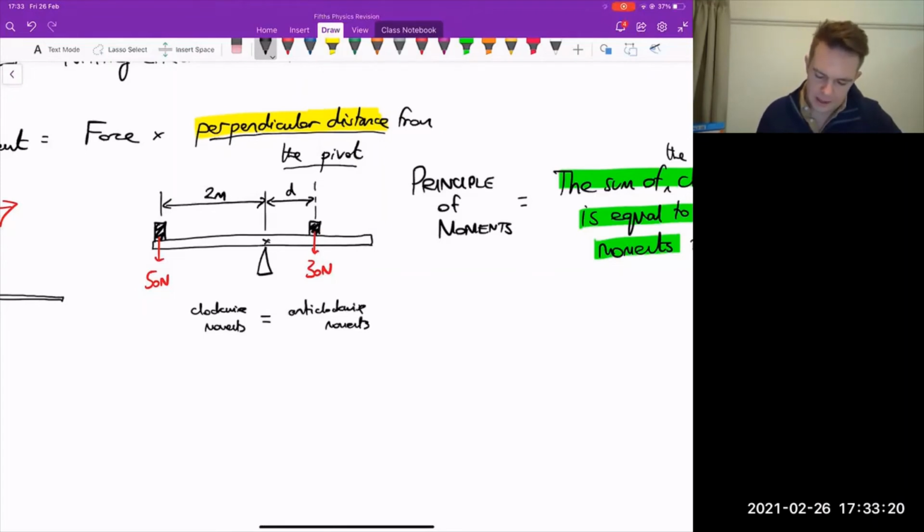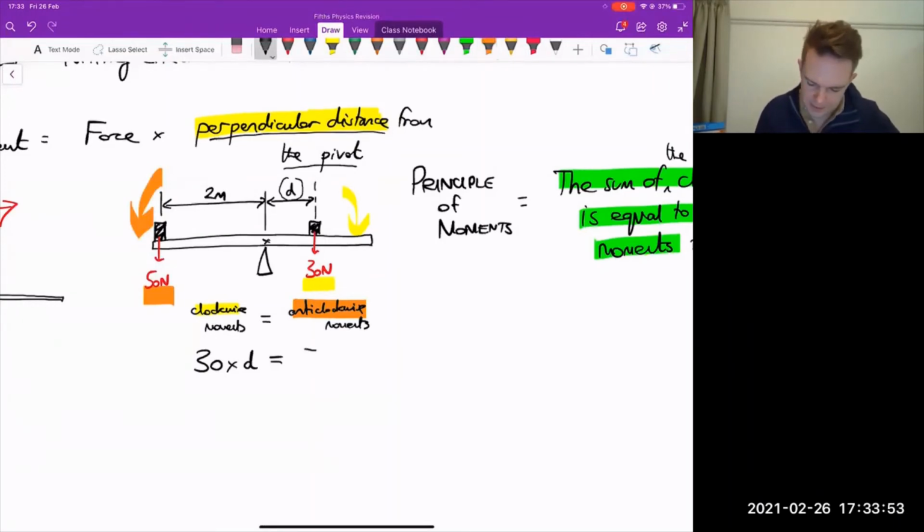Then you could say, well, the clockwise moment is going to be due to the 30 newtons here, because it's going to be rotating that way. So the clockwise moment is going to be 30 newtons times our unknown distance d. And that has to be equal to the anti-clockwise moment, which I'll do in orange. The anti-clockwise moment is due to the 50 newton force, which tends to turn it anti-clockwise.